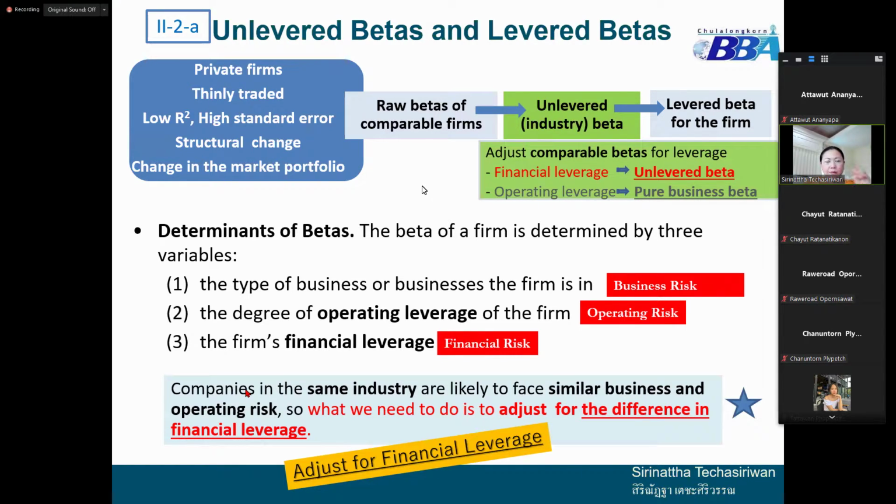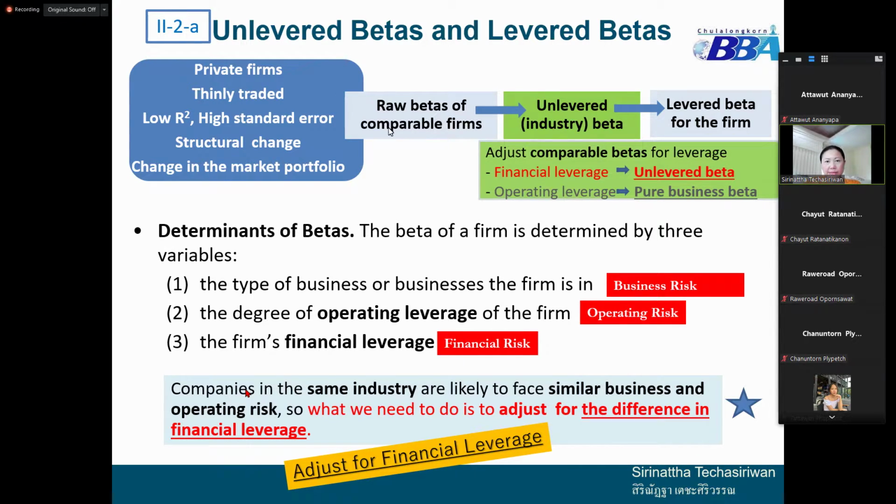And in practice, the companies in the same industry normally face similar business and operating risks. So most of the time, when we want to estimate beta, we look only at the difference in financial leverage.